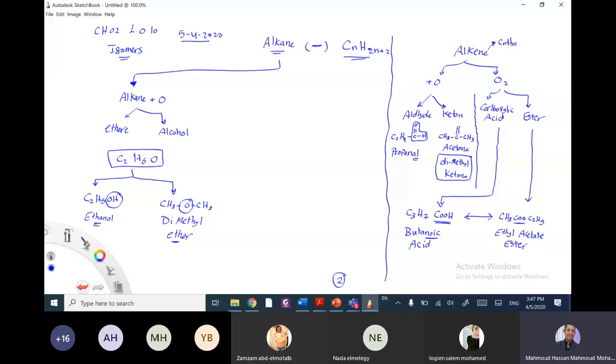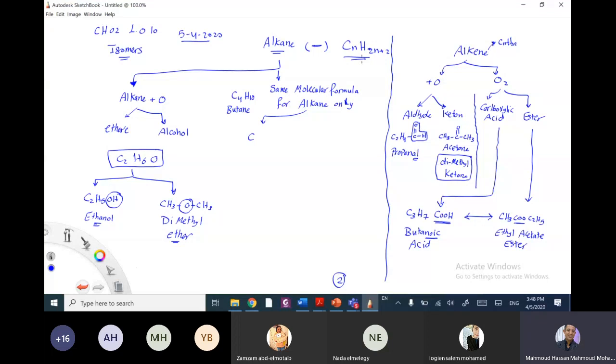But for the alkane again, when they have the same molecular formula, for alkane only, take an example, C4H10. This is 4 carbon atoms, butane.